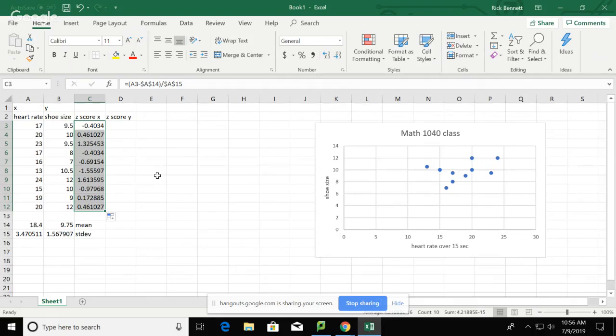Okay. Now, James, can you help me do the same thing on the z-score for the y variable? So for that formula, are you using the one that has the standard deviation over the square root of n? This one right here.